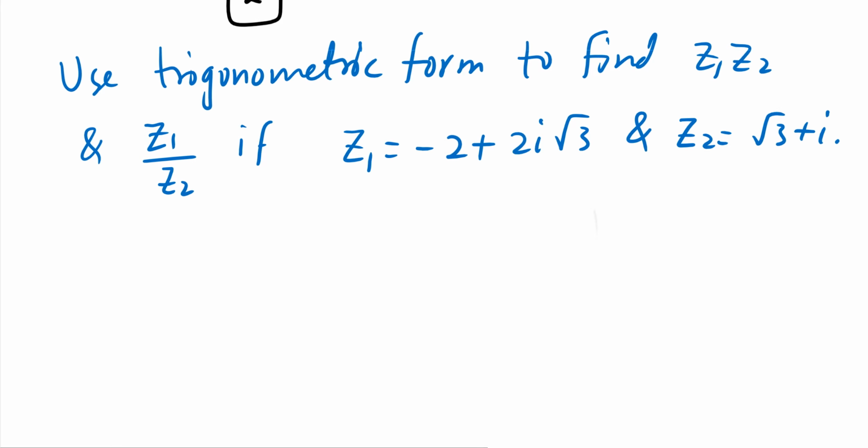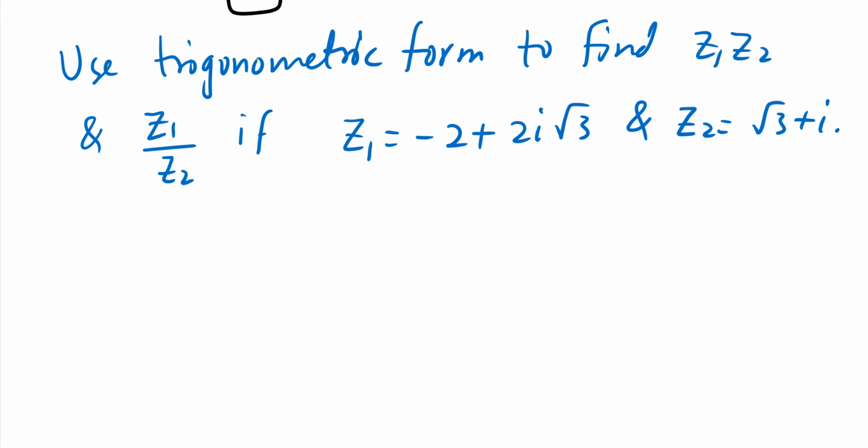Yes, you can multiply it out and divide as we learned before, but here we were asked to use trigonometric form. The first thing we need to do is write each of z1 and z2 in trigonometric form. And how do you do that?